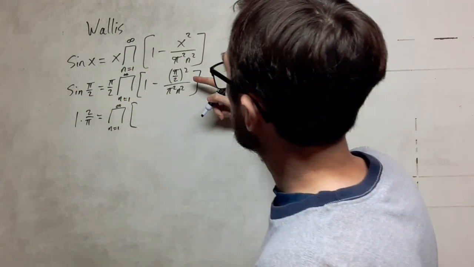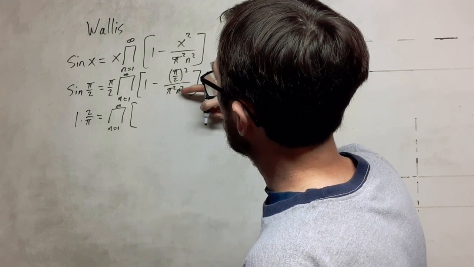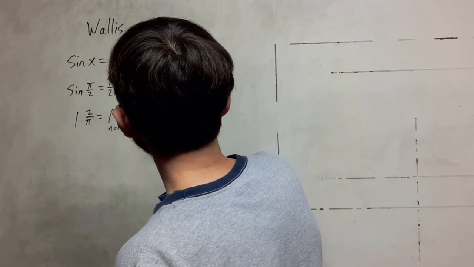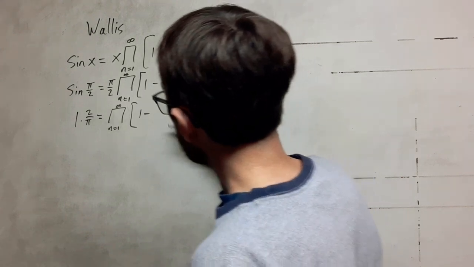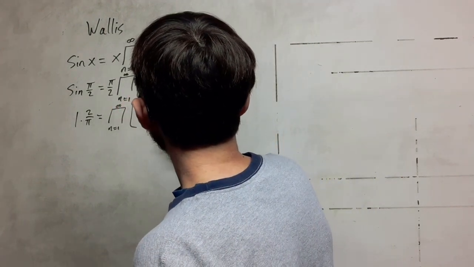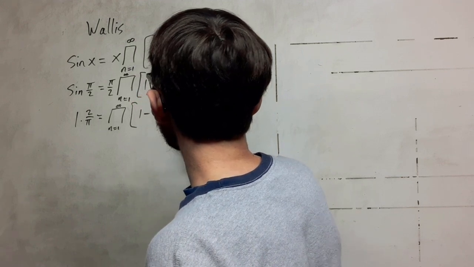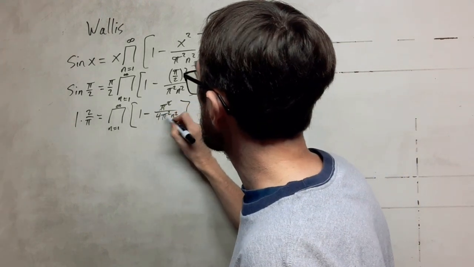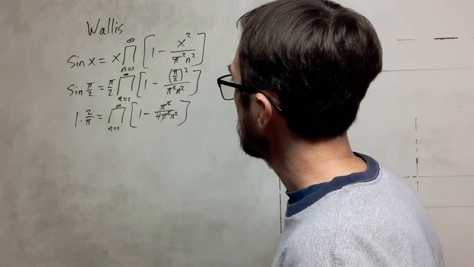Then inside here we square this, and we have to simplify this compound fraction a little bit. We're going to have pi squared over 4 pi squared n squared, and here we see that this pi squared and this pi squared are going to cancel.